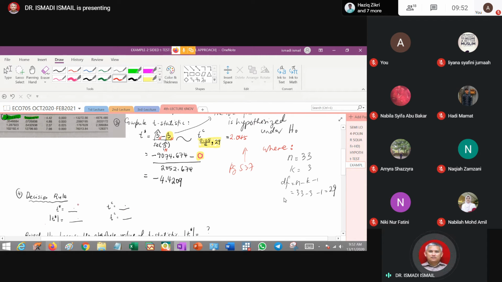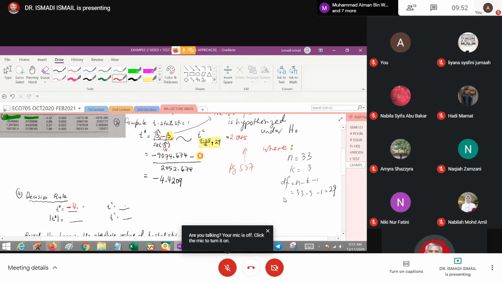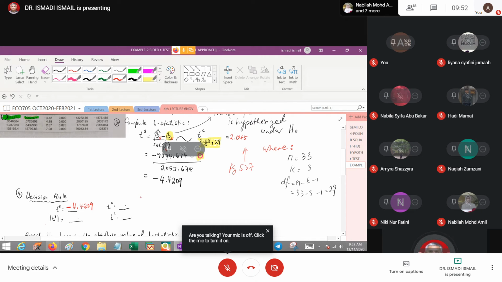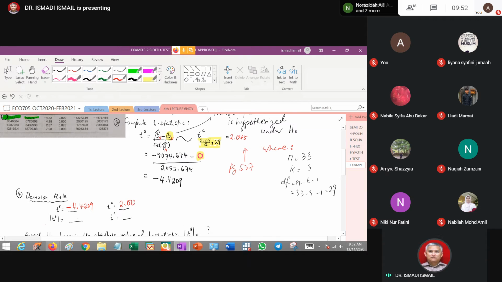Okay, now the t statistic is negative. Under the decision rule, you must produce all the info here. And your critical t is 2.045. When you take the absolute value, the negative sign turns positive. 4.4209 and 2.045, it is greater than.